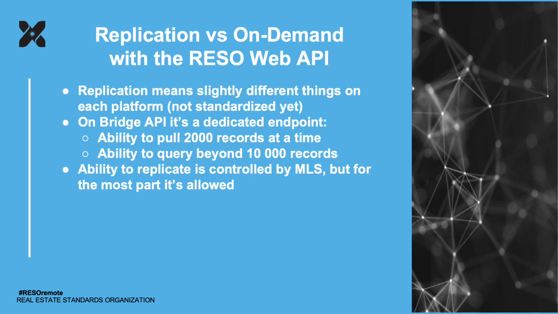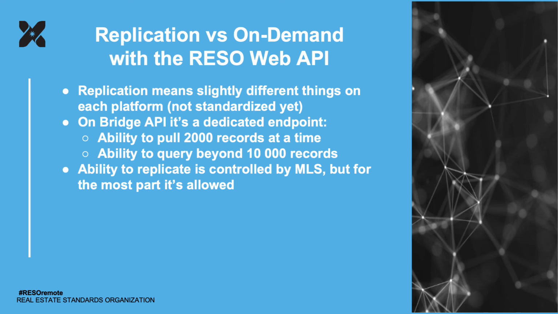So the other metric we're sharing here is how users are actually choosing to use the RESO Web API. For better or for worse, the RESO Web API wasn't really designed with data replication in mind as a primary use case. And while it is capable of it, the way that MLS system vendors and API platforms have implemented the ability to replicate is slightly different. So on the Bridge platform, replication through the RESO Web API is handled with a dedicated endpoint.